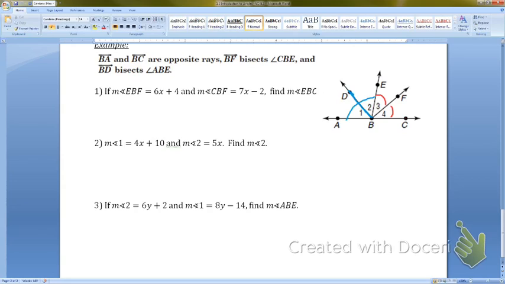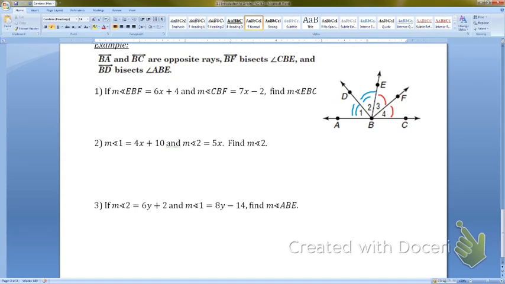So if BD bisects angle ABE, that means that angle 1 and angle 2 are also congruent. But we already have one set of arcs, so we have to draw a second set. That means that angle 1 and 2 are different than angle 3 and 4. If we only drew one set of arcs for angle 1 and 2, that would mean that they would be the same as 1, 2, 3, and 4.